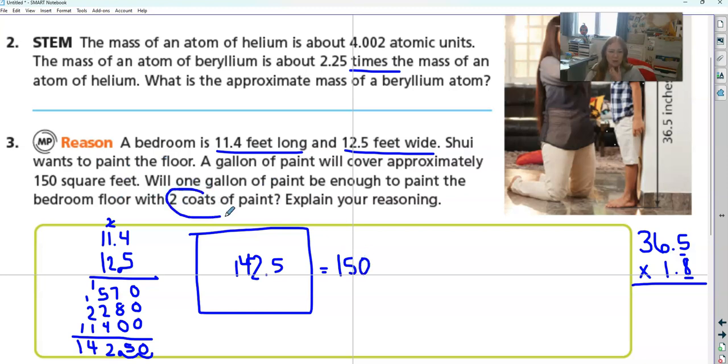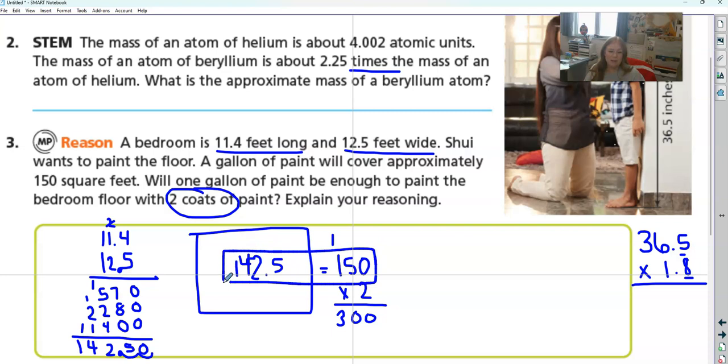But they want to do 2 coats of paint. So if I need 2 coats of paint, that is going to be 0, 10, 2, and 3. That's 300. They need to cover 300, or that 2 coats will cover 300. If I only do 1 though, right?